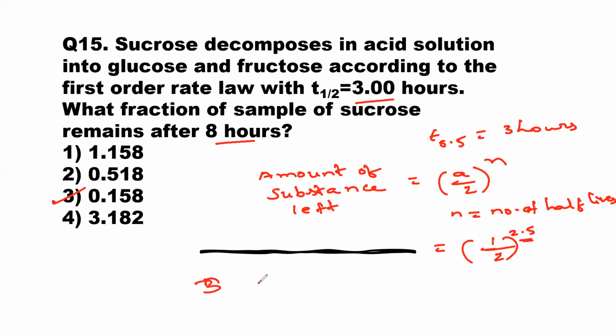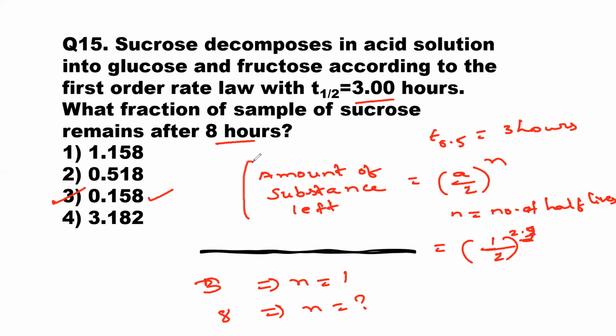For 3 hours, n is equal to 1. For 8 hours, n is equal to how much? Approximately 2.7. So 1 by 2 whole to the power of 2.7 is coming approximately 0.158. So the answer is 0.158. I hope it is clear.